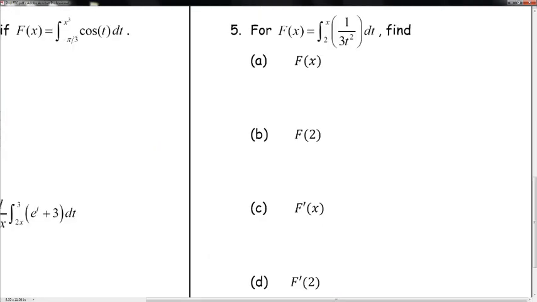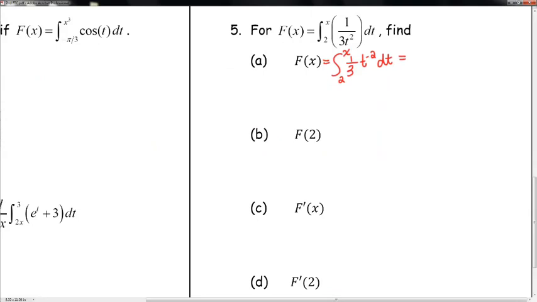All right, number 5, for f of x is equal to the integral from 2 to x of 1 over 3t squared, find f of x. And so what we're going to do is go ahead and take our antiderivative. So I'm going to leave my coefficient as 1/3, and I move my t up, so it becomes t to the negative 2 dt.